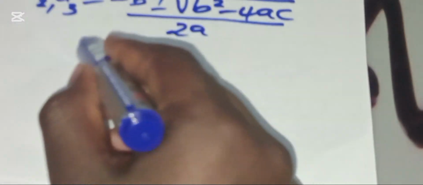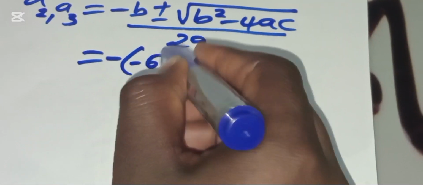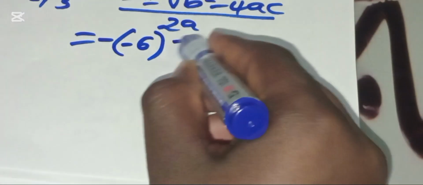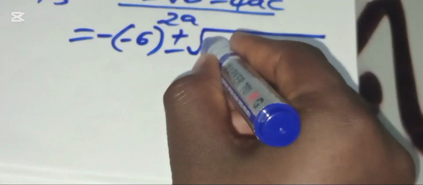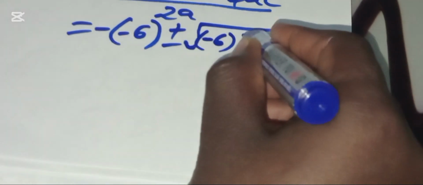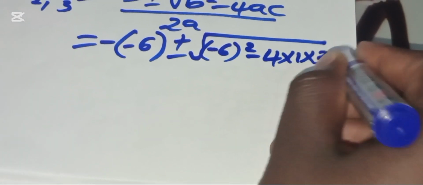Now let's substitute this. Negative b, this is actually negative times negative 6, plus or minus the square root of b squared, which is negative 6 squared, subtract 4 times 1 times 30.